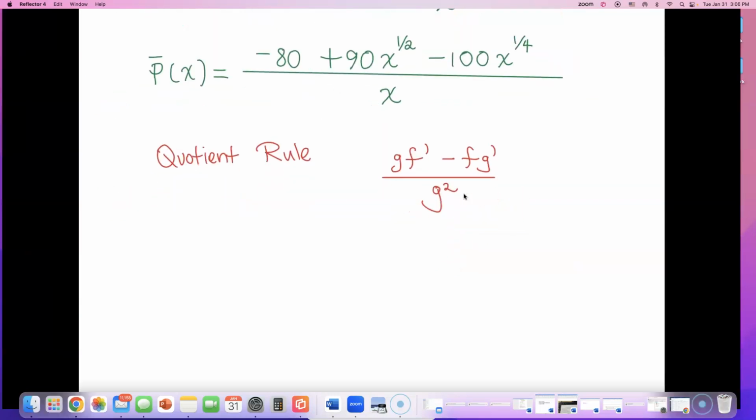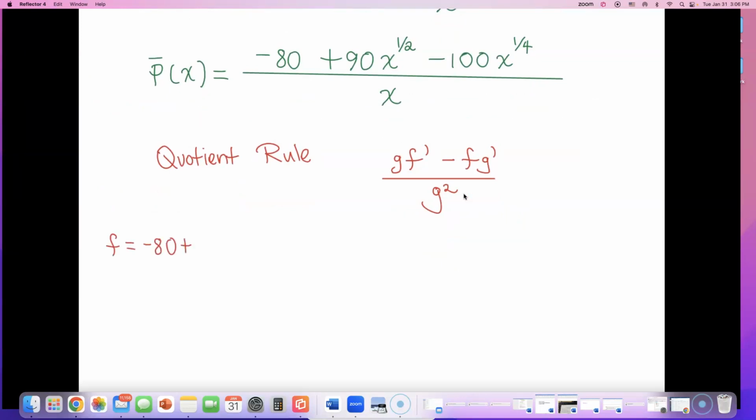All right, I'm ready to set up my pieces. F is negative 80 plus 90 x to the 1/2 power minus 100 x to the 1/4 power.